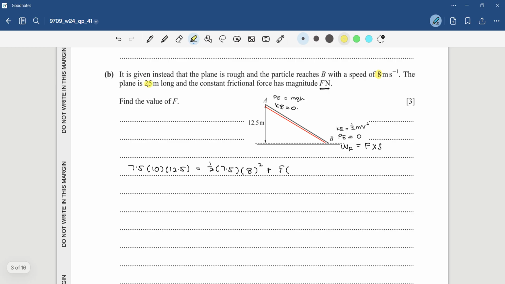It's given in the question. So it's going to be multiplied with 25. So you can rearrange this, so you'll get your F is equivalent to 27.9.